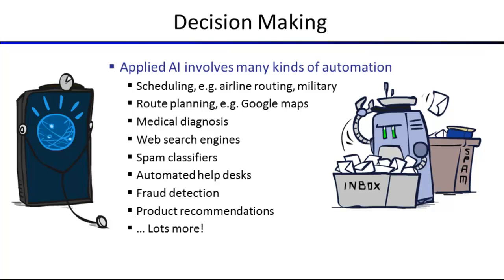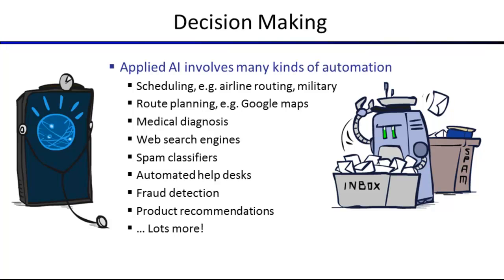Spam classifiers. How does a computer sort through your mail to decide what's relevant to you and what's not? In fact, it does it so well now, for most people, that you might not even remember what spam is because it rarely shows up anymore. Automated help desks, where you call in and the computer at least tries to help you automatically. Fraud detection. Whenever you do a transaction with your Visa, MasterCard, and so forth, that gets sent back to a computer somewhere.